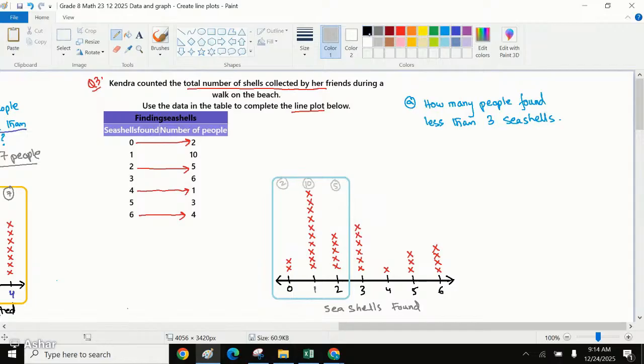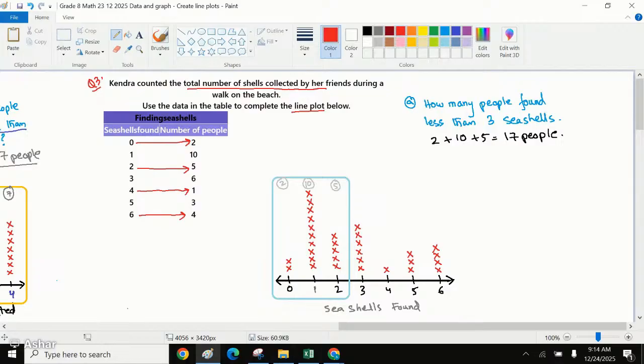The people who found 0 seashells is less than 3, the people who found 1 seashell is less than 3, and the people who found 2 seashells is less than 3. So we add these numbers of people. 2 plus 10 plus 5, that is 17 people found less than 3 seashells, right?